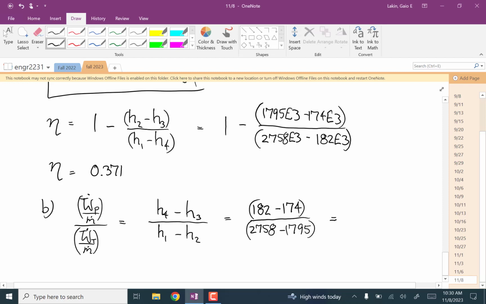And so we get a back work ratio of 0.00831. Well, that tells you that you're using less than 1% of the energy you get out of the turbine to run the pump. Okay, you want that to be as small as possible.